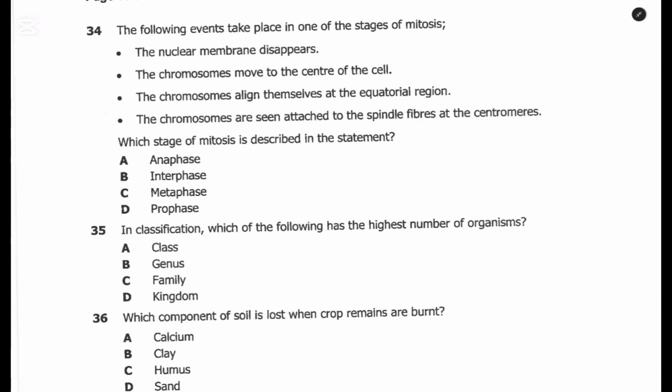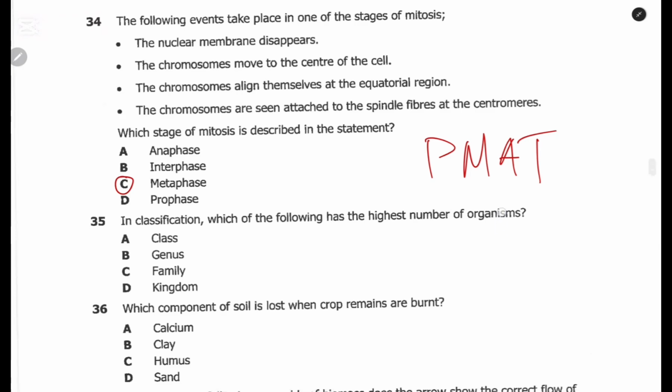So which stage of mitosis is described in the statement? I guess you know the stages of mitosis. So there's prophase, metaphase, anaphase, and telophase. So here it is metaphase. So the answer here is metaphase.